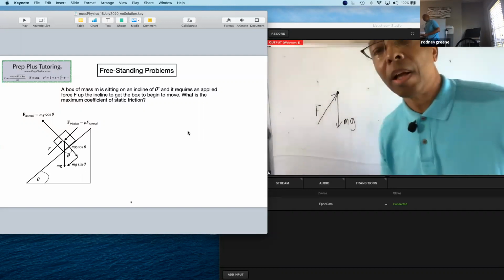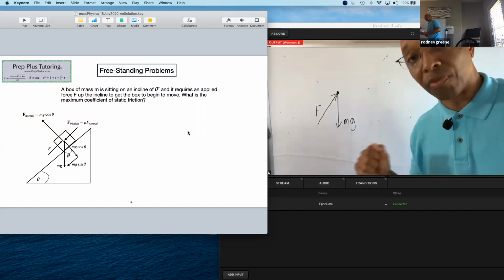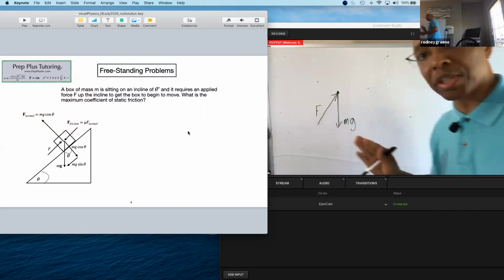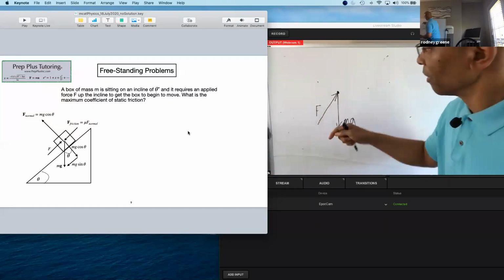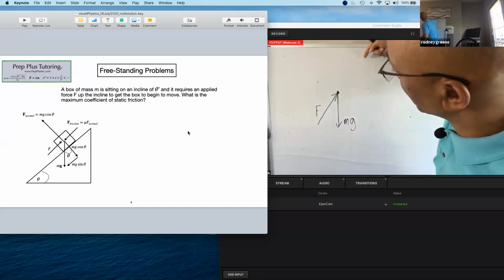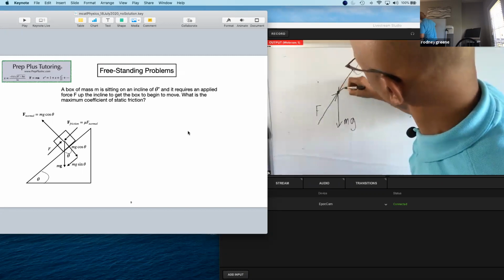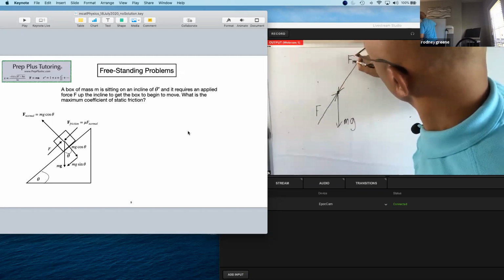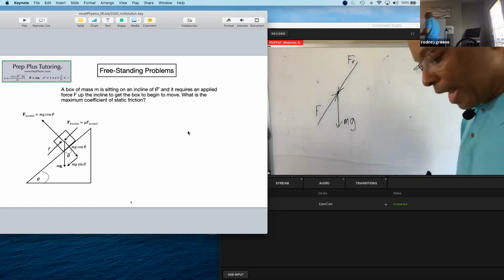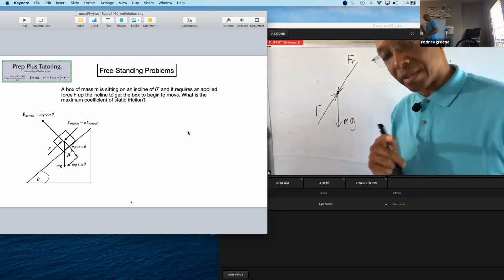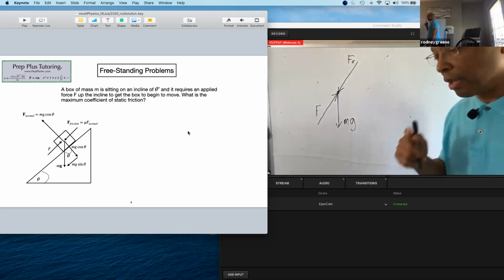And the question says we also have some friction acting on the box. If I'm pushing up on it with this, friction is going to be operating in the opposite direction. So I'm going to draw friction like that. That's my friction vector.